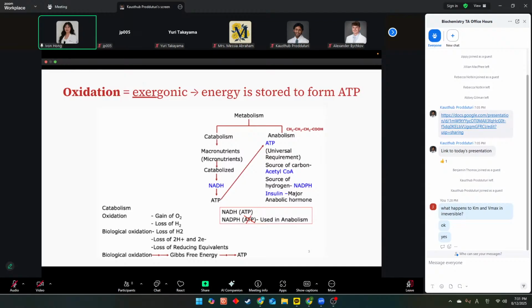Not all of it is really relevant because it's showing you the breakdown of how you get metabolized, from catabolism, with macronutrients becoming micronutrients, you get NADH, and then that gets shunted to create ATP. That's the summary of this whole slide. So we can go to the next one.